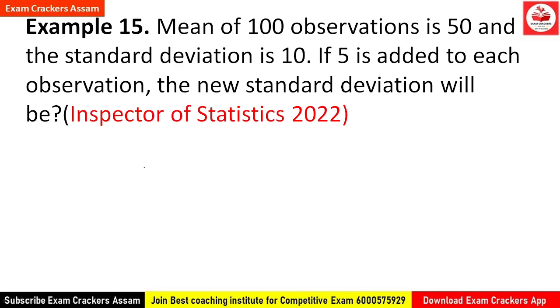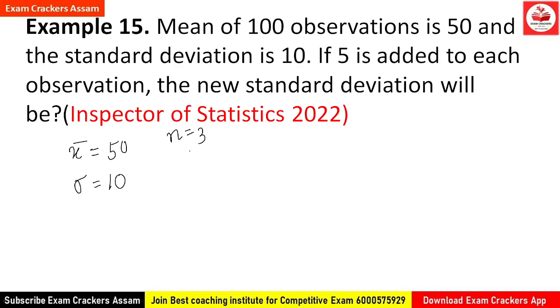You can solve this question logically. What is given? Mean of 100 observations, that means x bar is 50 and your standard deviation sigma is 10. Okay. Next, it says if you add 5 to each observation. Let us understand this with an example. Say n is 3, not 100.